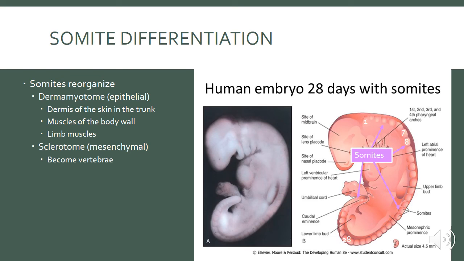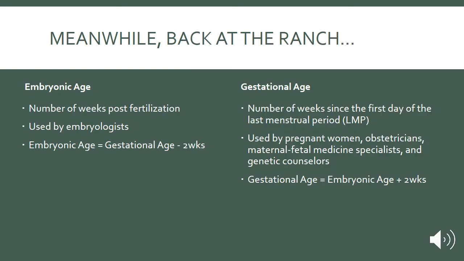Now, we've been talking about the embryo in a very scientific sort of way, but it's worth noting that that's really not how most of the world looks at this. And in particular, what you guys are going to see very rapidly is that the embryonic age that your book is using is not really the same as the gestational age calculation that everything else uses. So embryonic age is the number of weeks post-fertilization.